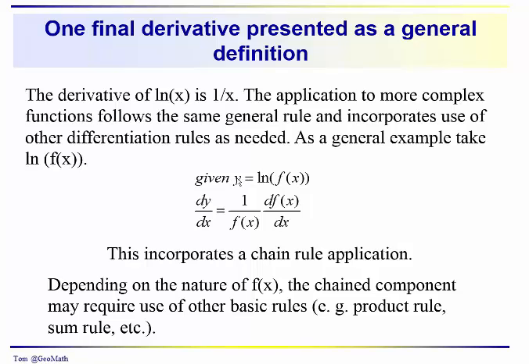So if we have y is equal to the natural log of f of x, dy dx is equal to, well, we take 1 over f of x, this kind of general rule applies, but then we multiply it by the derivative of the argument here, or the derivative of f of x with respect to x.